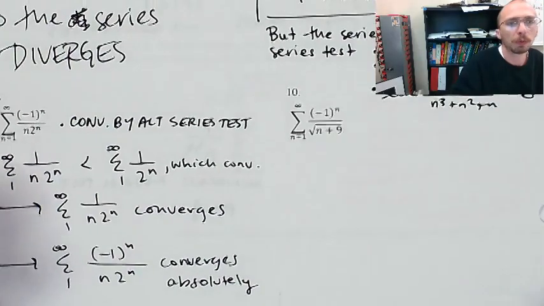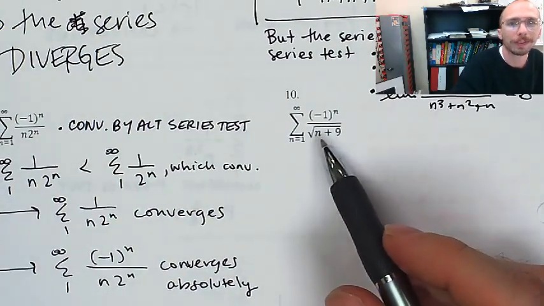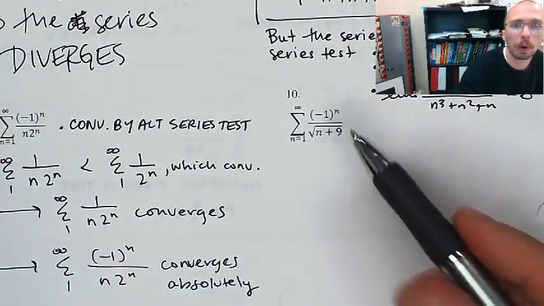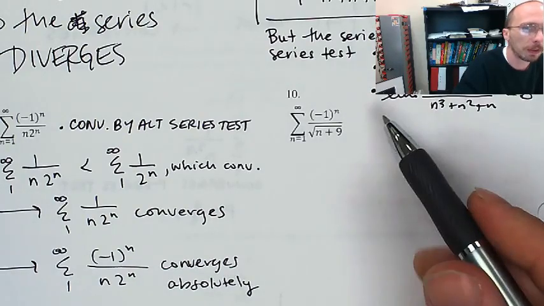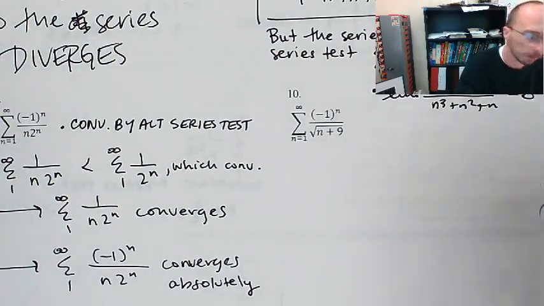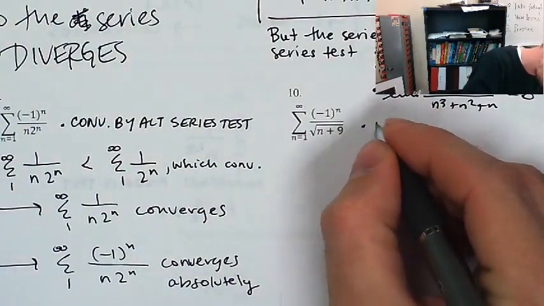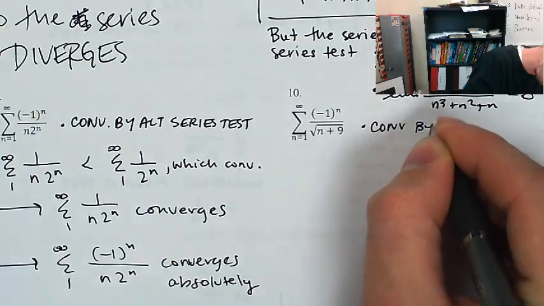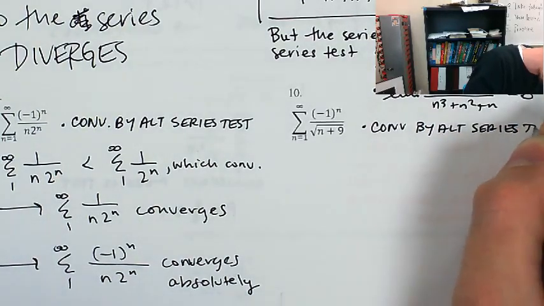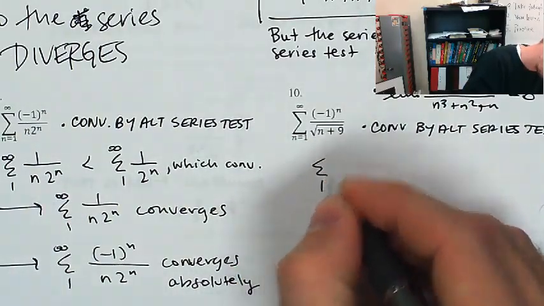Okay. And this one, because it is bigger on bottom by only half of a power, this is the type of thing that I would do limit comparison against 1 over the square root of n to show that it diverged if it wasn't alternating. It converges by the alternating series test. If I take it out, it diverges. That means it's going to be conditionally convergent. Converges by the alternating series test.